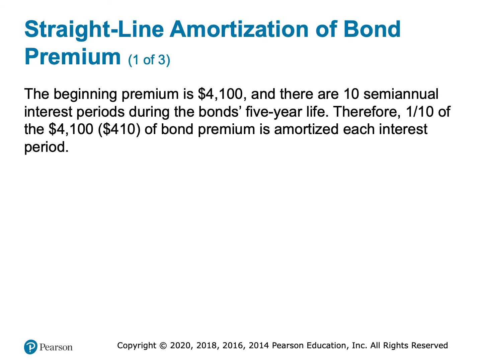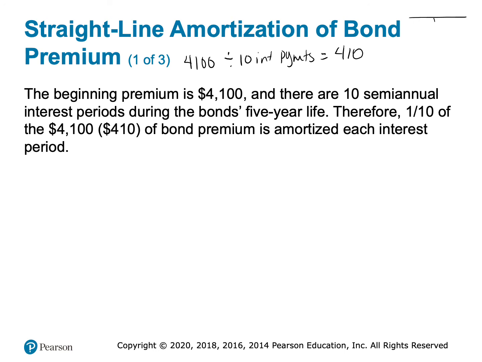So to amortize the premium of $4,100 over a 10-year period, or excuse me, over 10 payments, twice a year for 5 years, we're going to say 4,100 divided by 10 interest payments. Means that every time we pay interest, we're going to amortize the premium by $410.